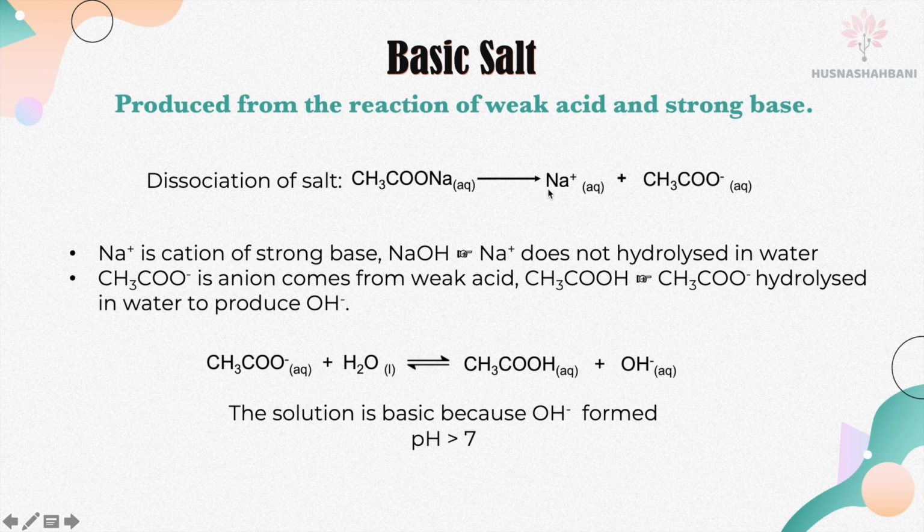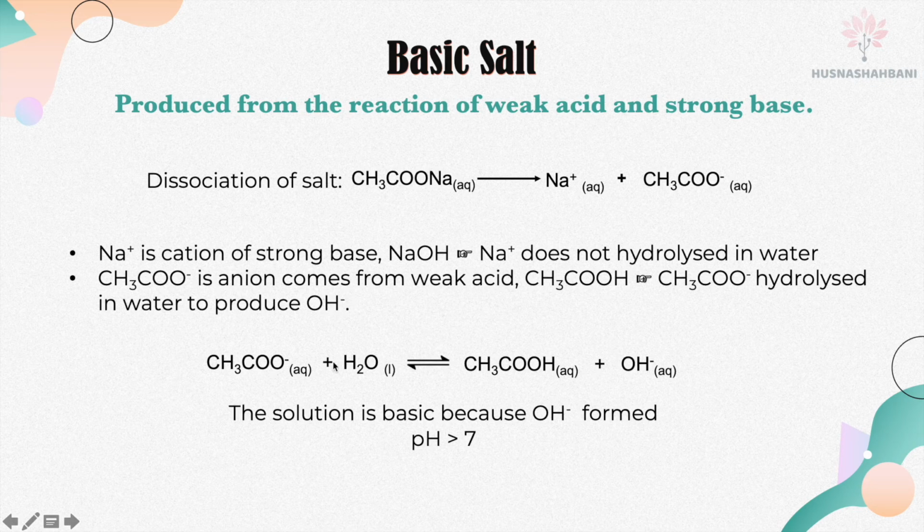So here, Na plus comes from the strong base, NaOH, so this Na plus does not hydrolyze in water. The CH3COO minus anion comes from a weak acid, which is CH3COOH. The anion from a weak acid hydrolyzes in water to produce OH minus.